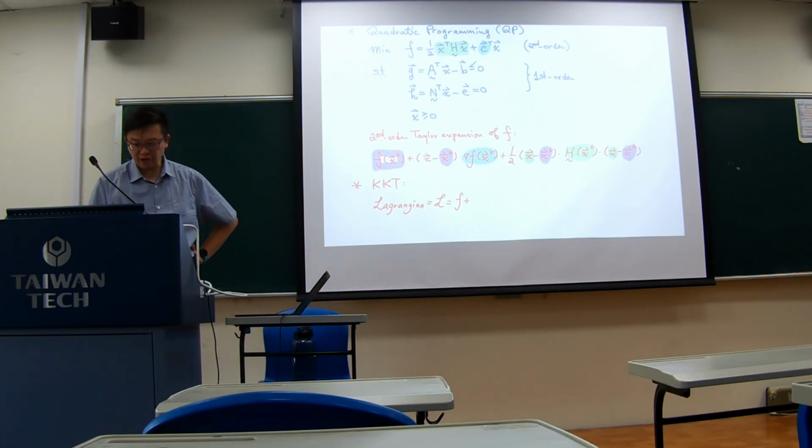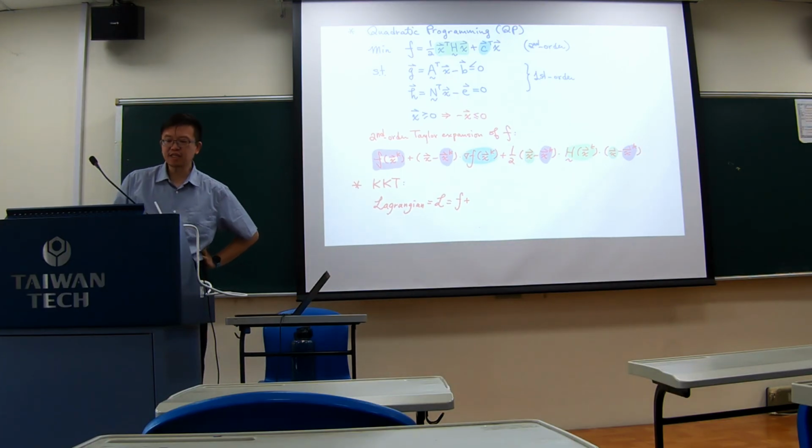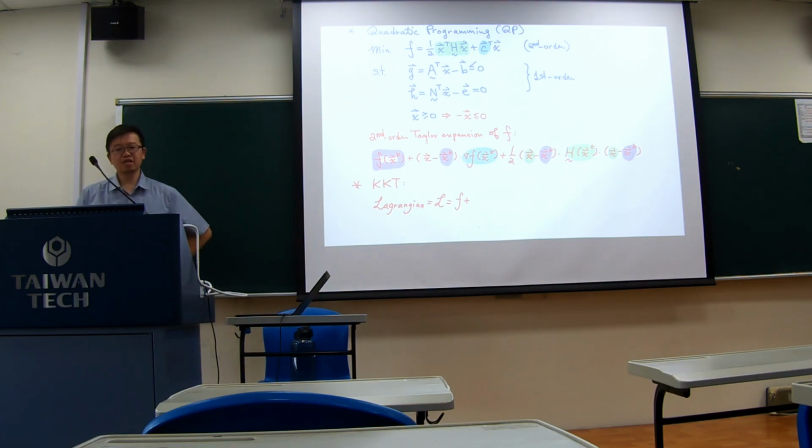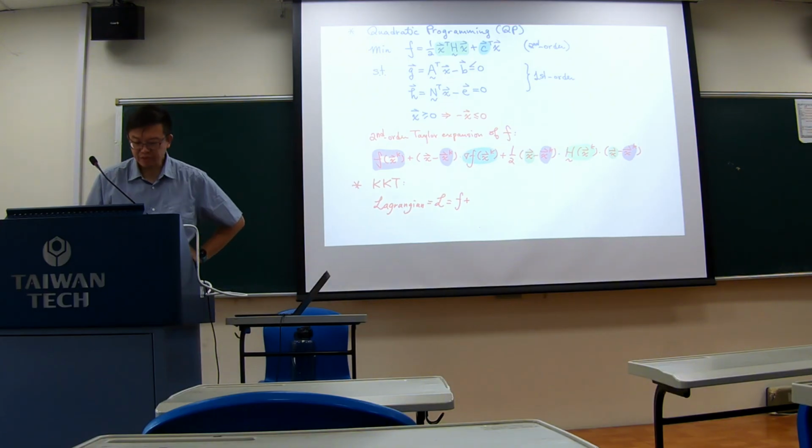We have G, we have H, and here I am going to rewrite this particular equation as a standard form: negative x must be smaller than or equal to 0. And I'm going to apply a Lagrangian multiplier in front of every one of them.